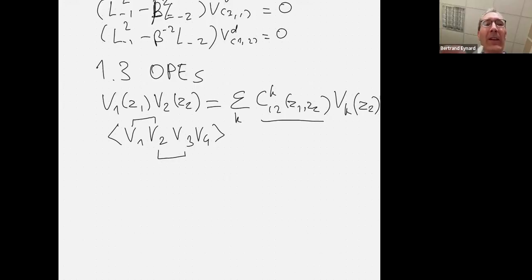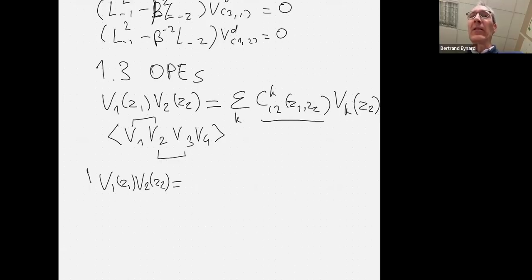So let me write the operator product expansion in the presence of conformal symmetry. So let's have V1(z1), V2(z2). The basic idea is that conformal symmetry determines the contribution of descendant fields from the contributions of primary fields.